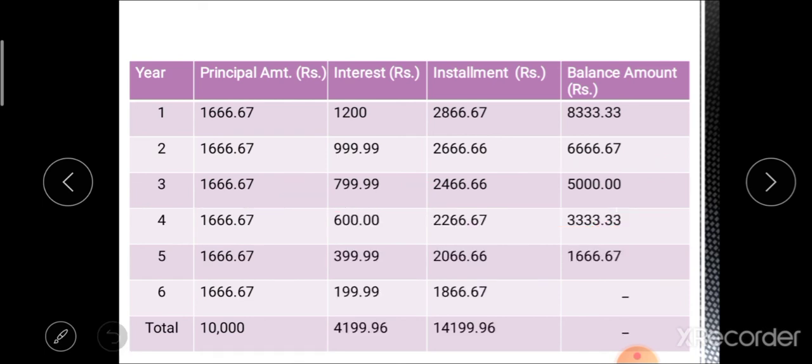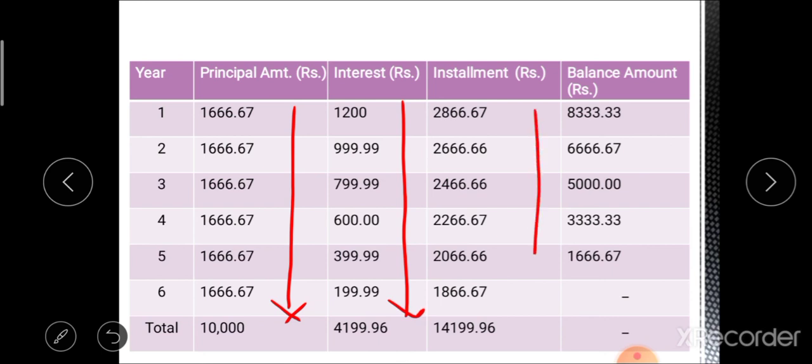Similarly, after calculation of all these 6 years, we get the amortized decreasing repayment plan. According to the definition of the amortized decreasing repayment plan, the principal amount remains constant throughout the loan repayment period and the interest part decreases continuously. So the installment amount also decreases continuously.